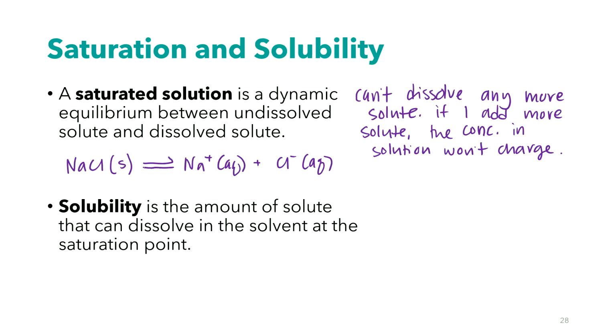Okay? So that's the dynamic equilibrium part. It's not that when I put salt into solution some atoms are destined to be in the solid phase and some are destined to be in the aqueous phase. They are constantly changing, but at this saturated point, my concentration has reached a max. I can't put any more in.